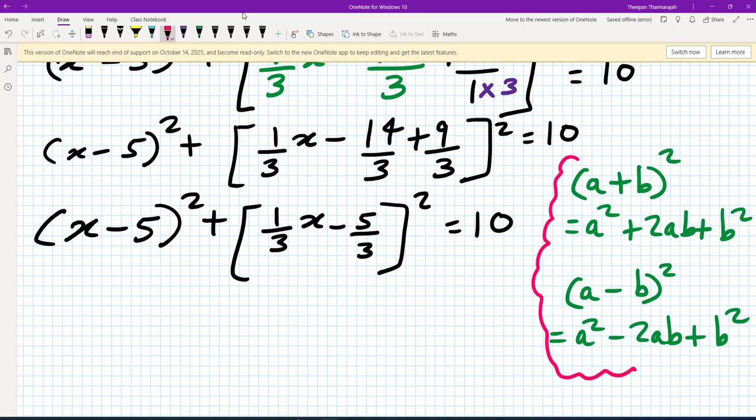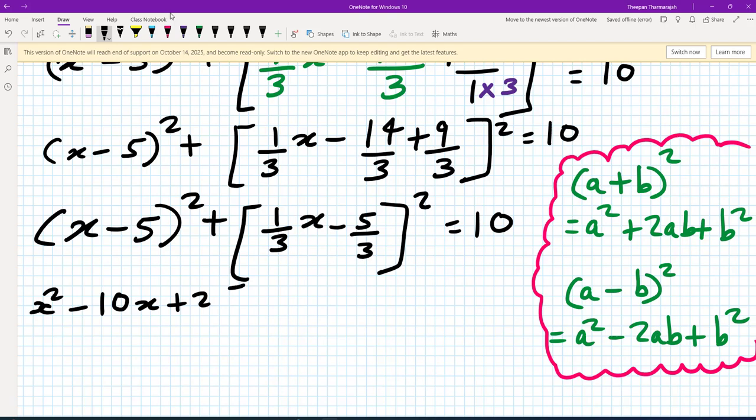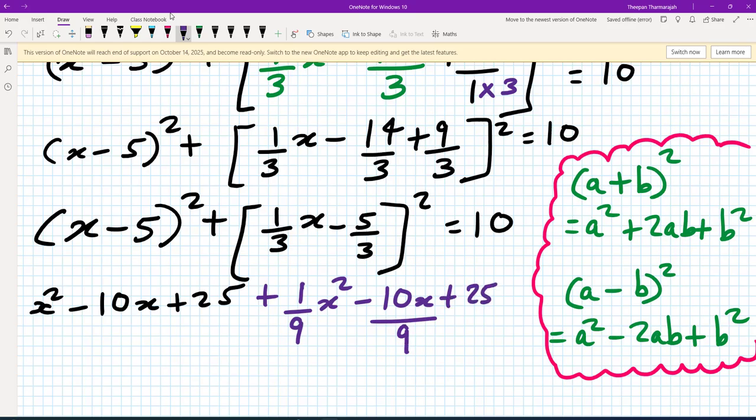We can use this to expand two brackets out very quickly. That gives me x², then x times 5 is 5x, doubled gives 10x, so minus 10x plus 25. Expanding the second bracket, we get a ninth of x², minus 2 times 5x, which is 10x over 9, plus 25 over 9, and all of that is equal to 10.